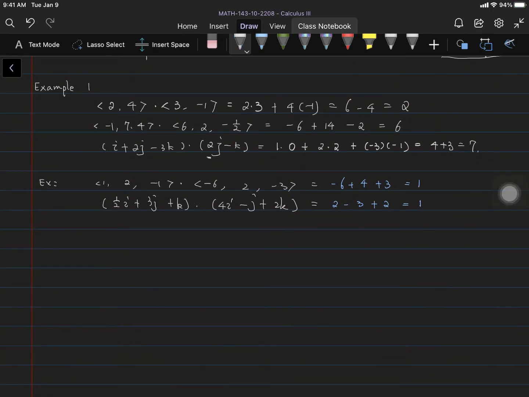Now let's take a look at the theorem. This theorem gives the equation relating the angle between two vectors and the dot product.